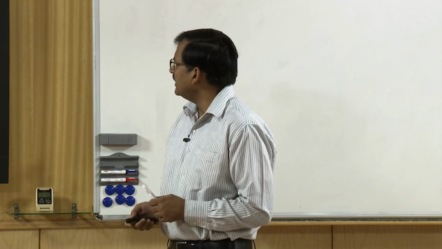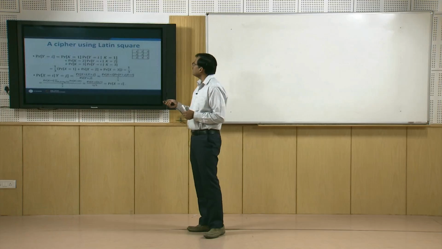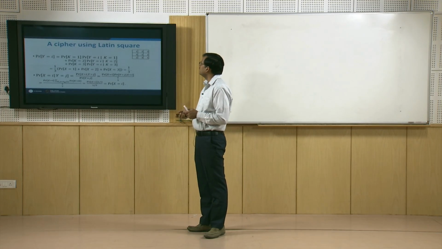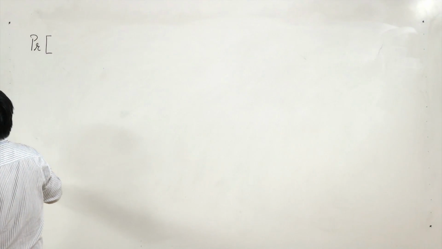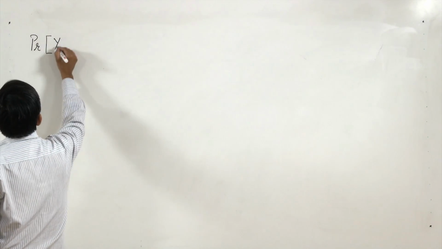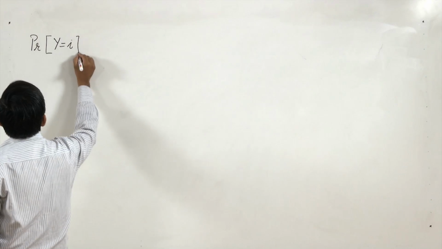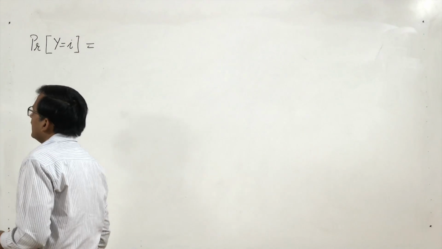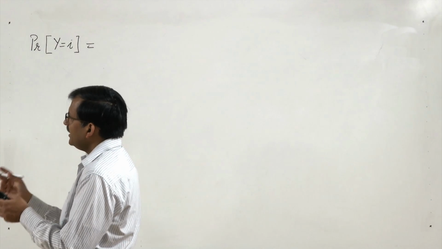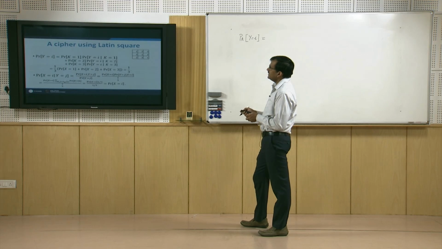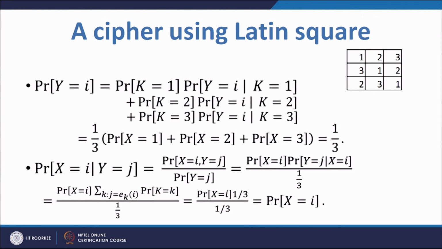The first step is to check the probabilities of y_i. Here I have chosen any i between 1 to 3. So, we have the probability of y_i. Let me write down one step in between whatever is shown in the slide.